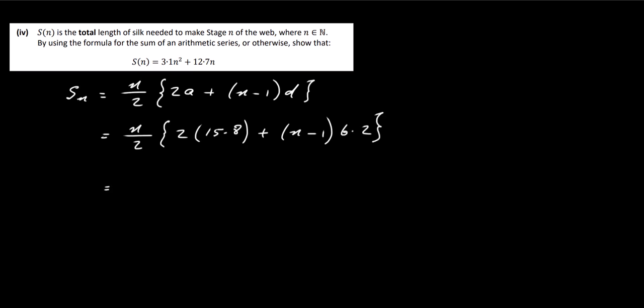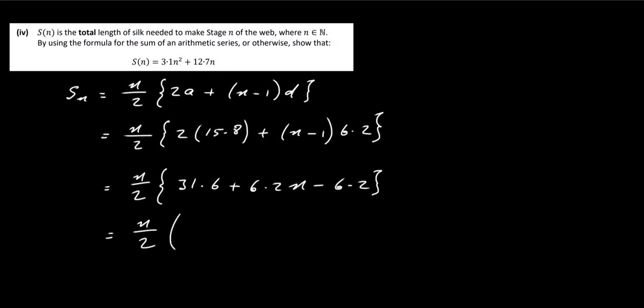So presumably when we mess around with this, we will end up with this thing here. Okay, so we have n over 2 times twice 15.8 is 31.6 plus 6.2n minus 6.2. So we have n over 2 times 31.6 minus 6.2 is 25.4 plus 6.2n.